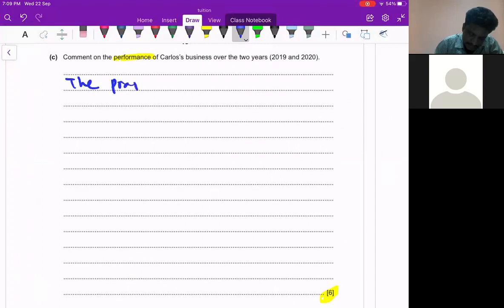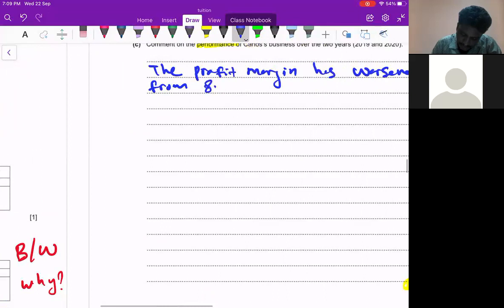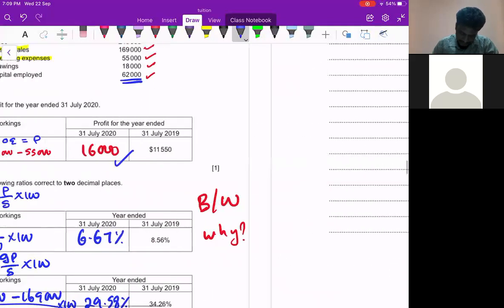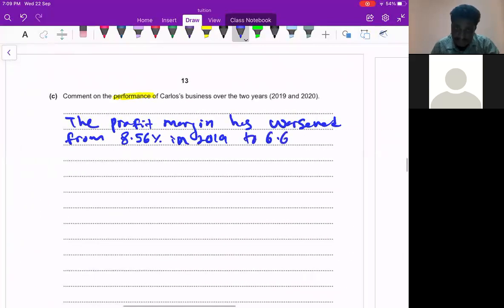The profit margin has worsened from 8.56% in 2019 to 6.67% in 2020.